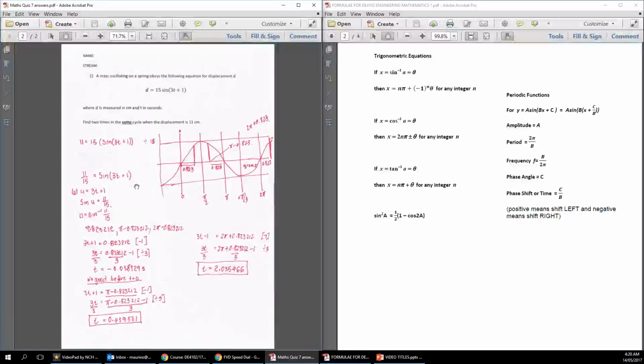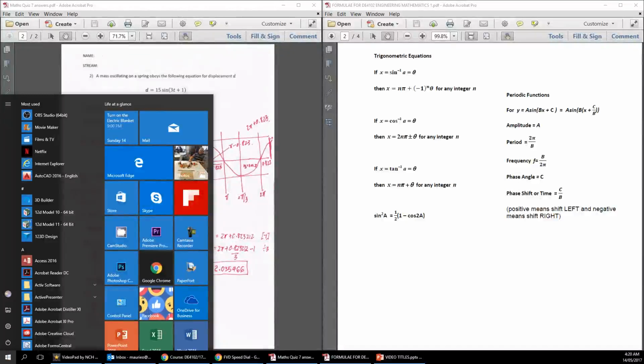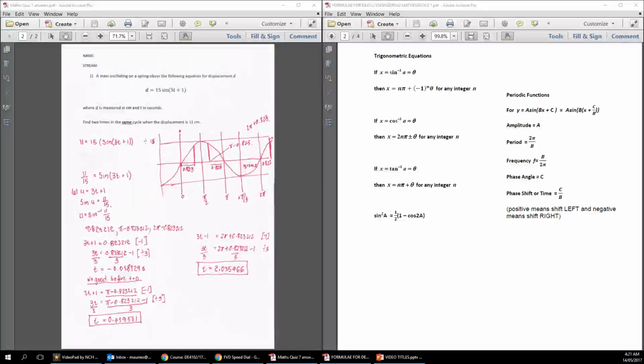Now, there are many ways of dealing with this, but one way is to let u equal 3t plus 1. So we get sine u equals 11 over 15. Now, I'll usually get all set up and find my calculator before I start, but I haven't done that today.